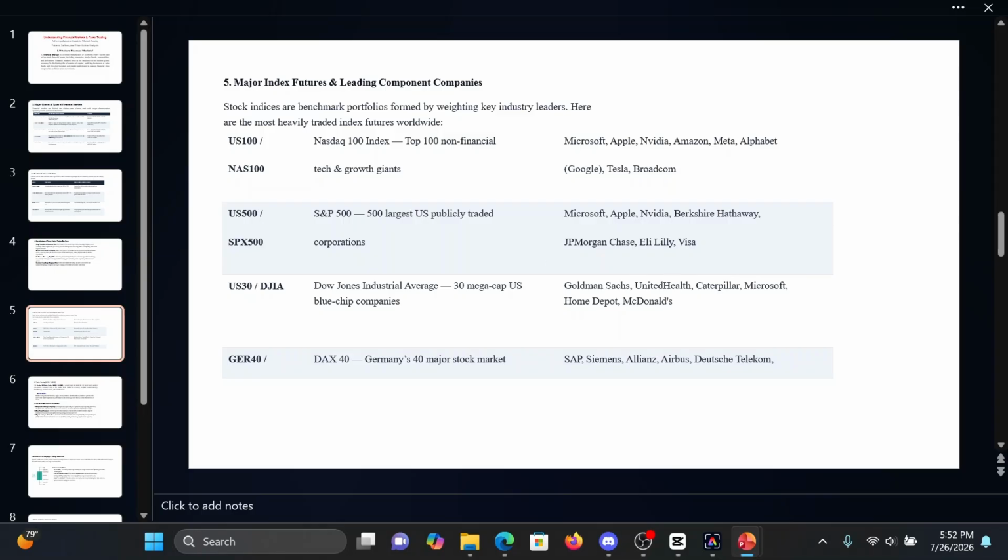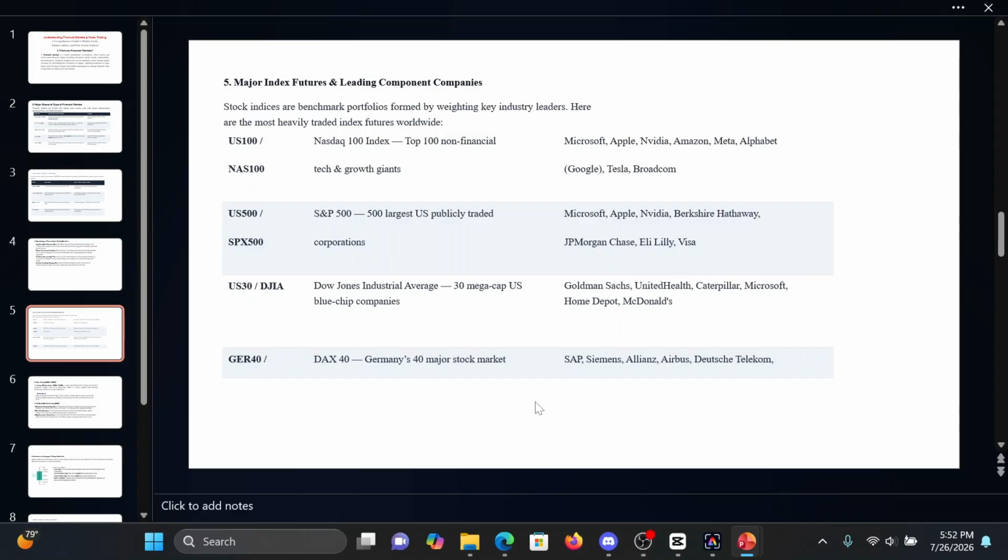Then we have the Dow Jones. The Dow Jones Industrial Average comprises 30 mega blue chip companies in the United States.